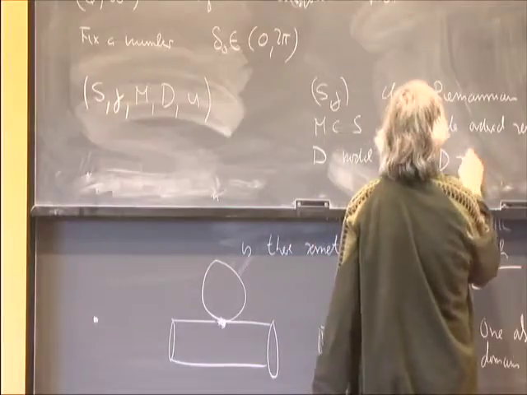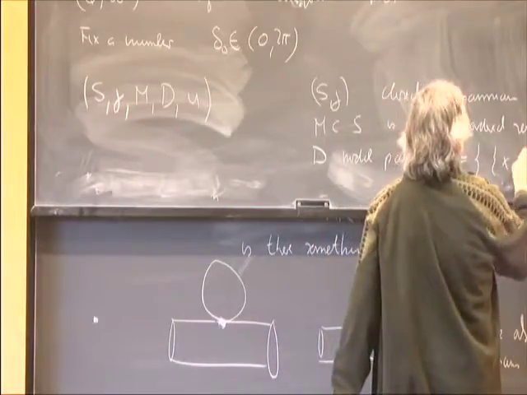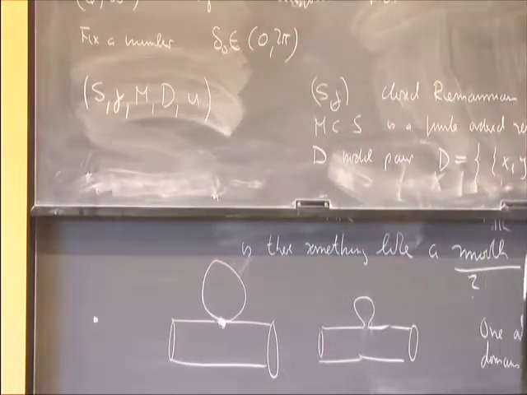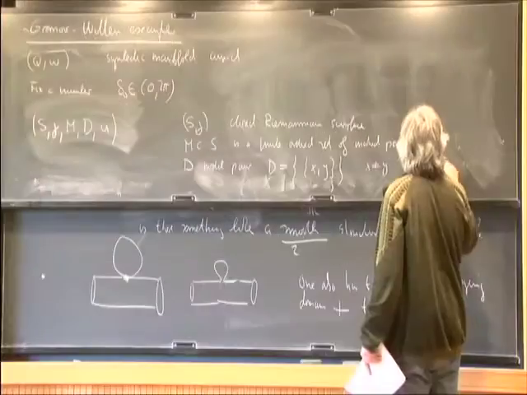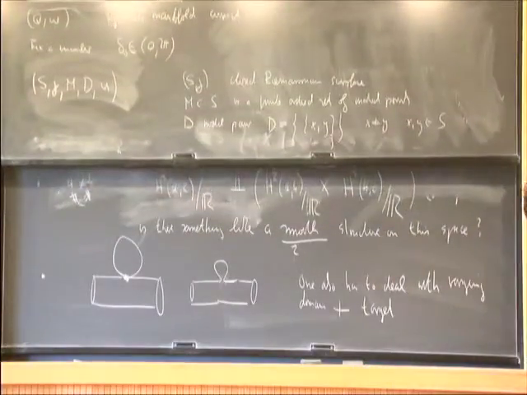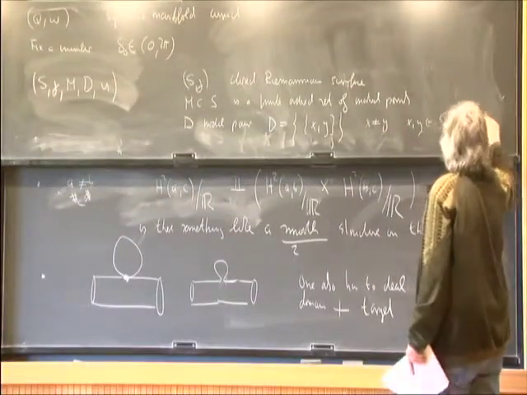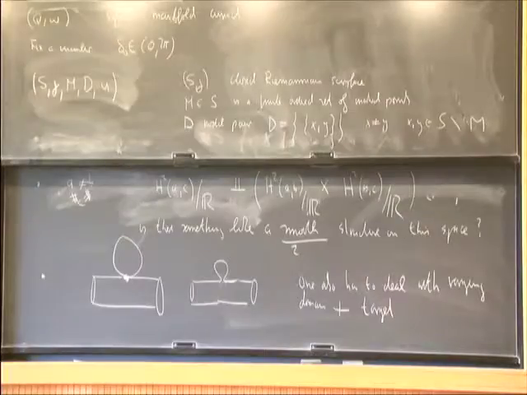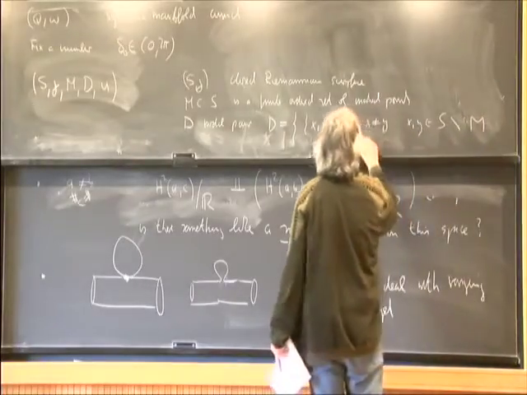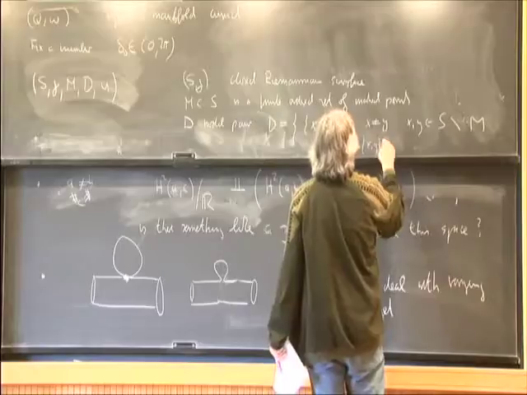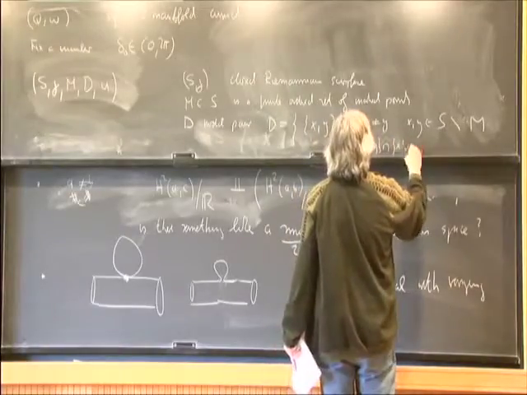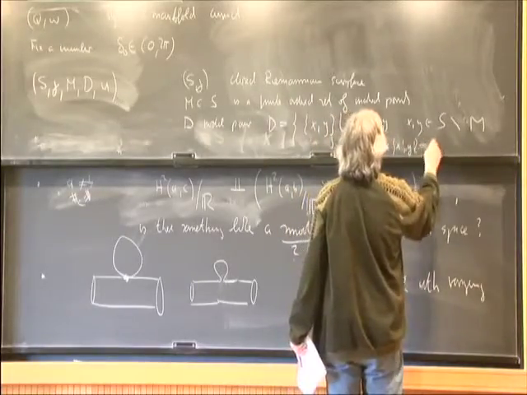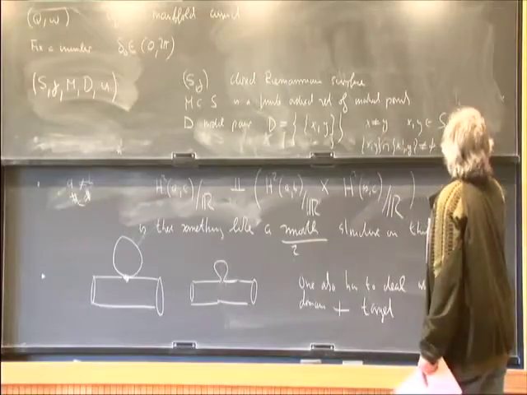So D is a collection of things like this, where X is different from Y. X and Y are points in S, but not marked points. And the property is: if these two sets intersect, they're actually the same.